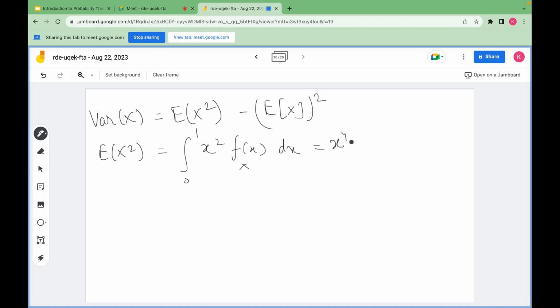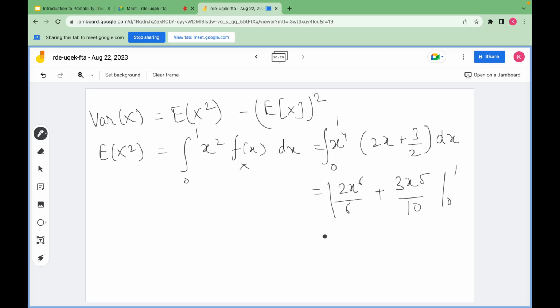So this is x to the power 4, 2x plus 3 by 2, dx from 0 to 1. This comes out to be 2 by 6 plus 3 by 10, which is 38 by 60.